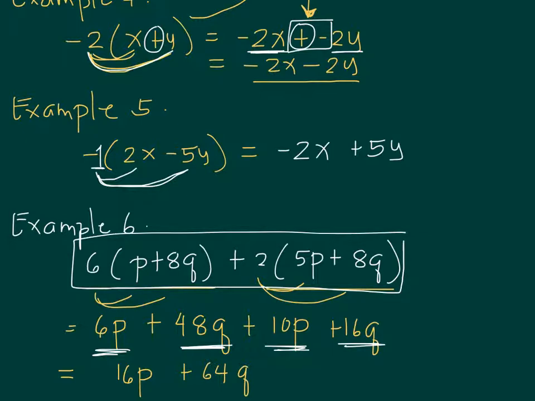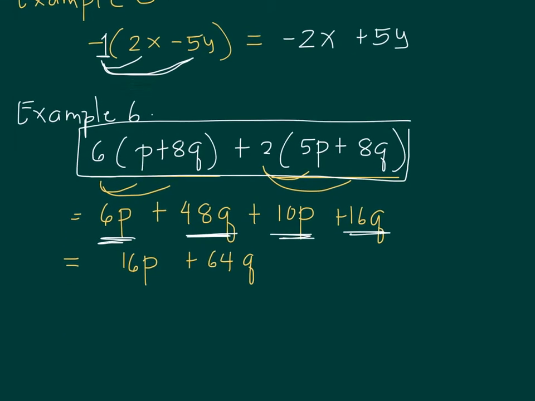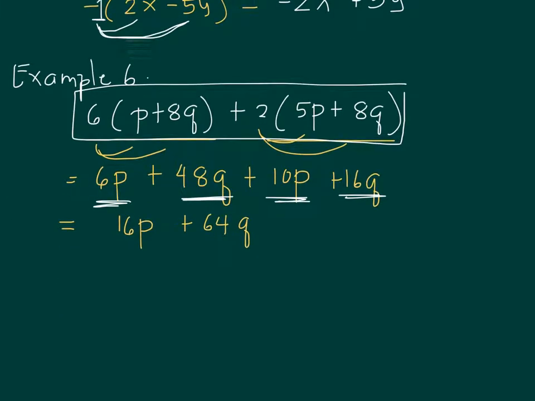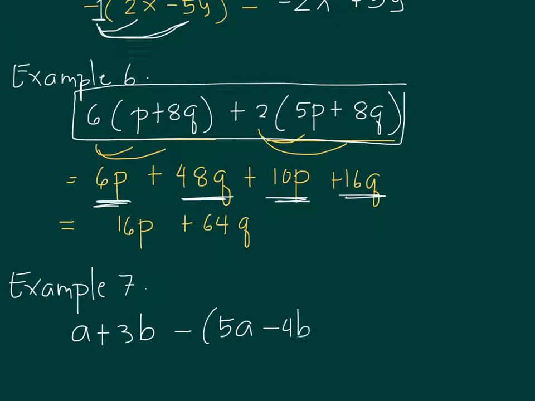Okay, so one more example. So we're now in example number 7. Suppose we have a plus 3b and then minus the quantity 5a minus 4b.